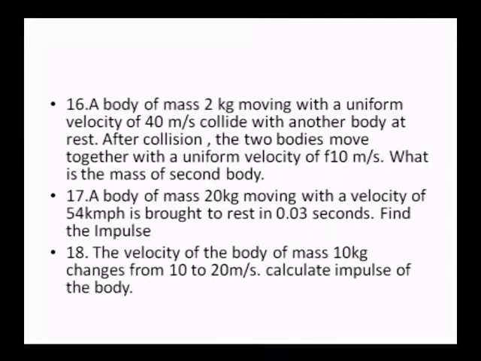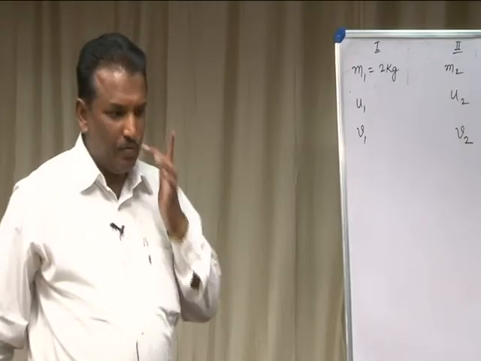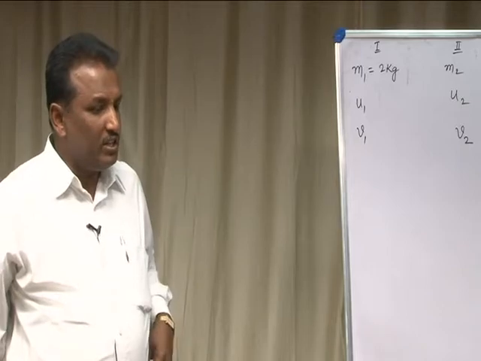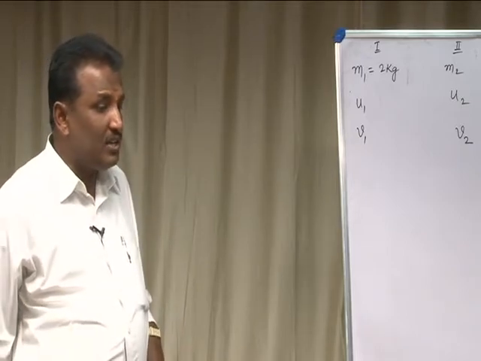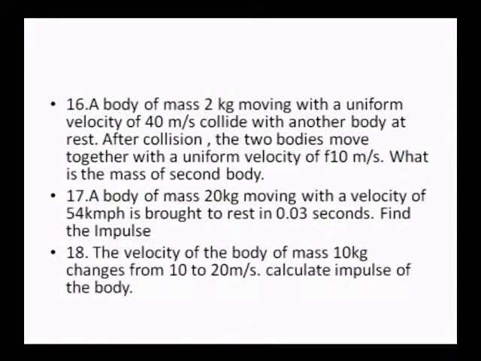Initial velocity of the first is u1, initial velocity of the second is u2, final velocity of the first is v1 and final velocity of the second body is v2. A body of mass 2 kg moving with a uniform velocity of 40 meter per second means the initial velocity of the first body is 40 meter per second. It collides with another body which is at rest, so the initial velocity of the second body is 0.